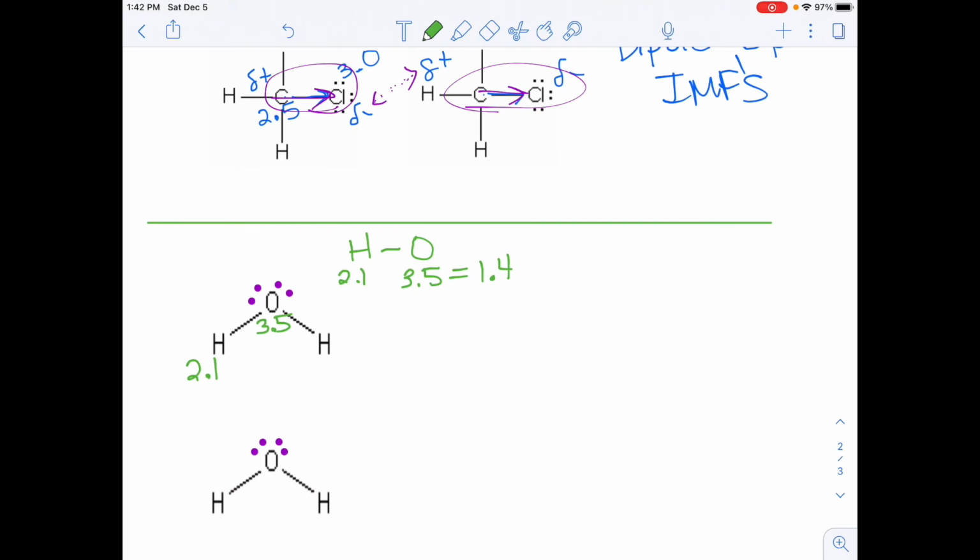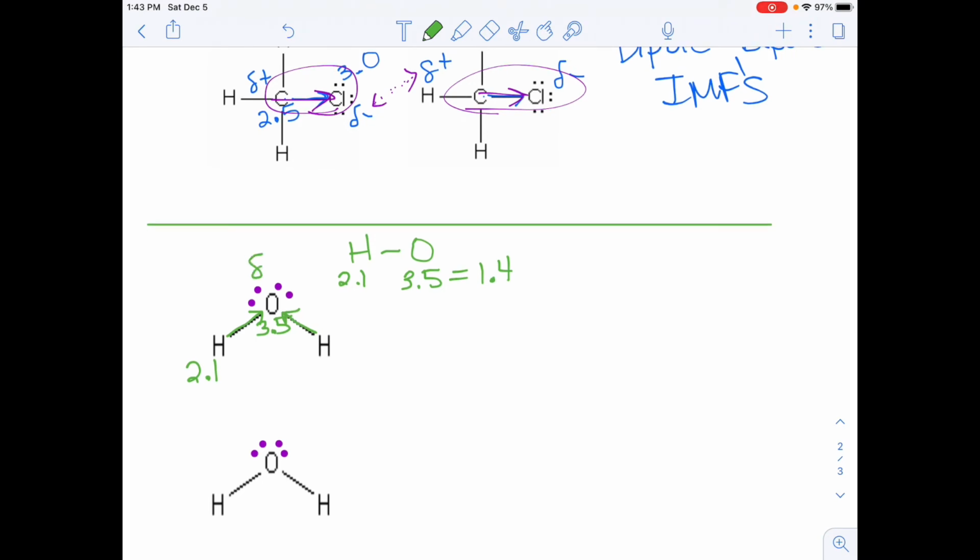Okay, 3.5. So oxygen wants the electrons a little bit more, a lot more, I should say, than hydrogen, creating this partially negative end, or this pole. And then hydrogen would have this partial positive end. Same thing then if we draw it on the other water molecule down below here.